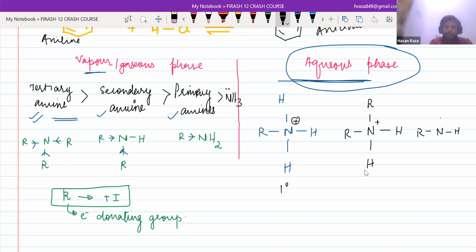Tertiary. Primary, and then secondary, and then tertiary. So if nitrogen is making 4 bonds, it will have a positive charge. Yes or no?